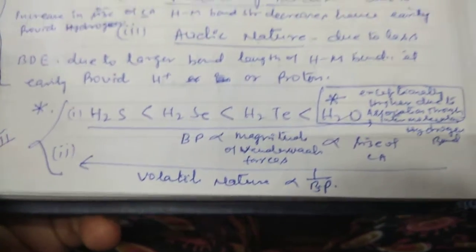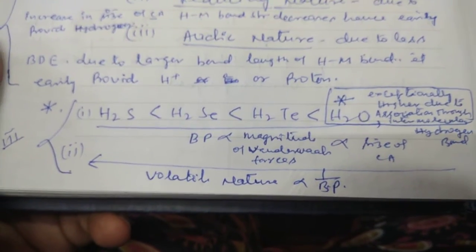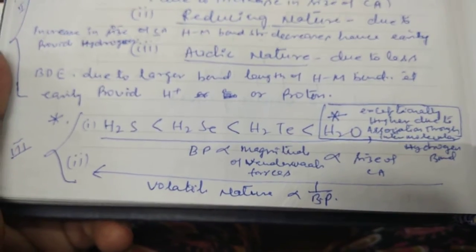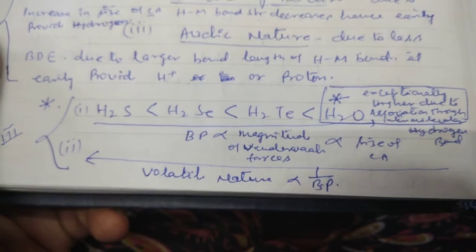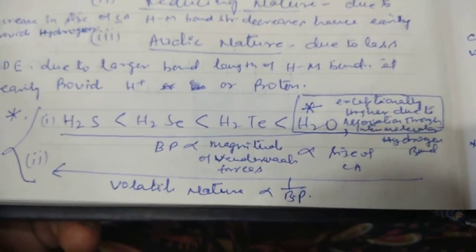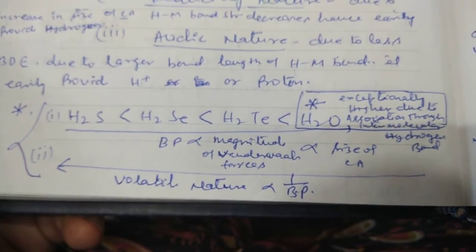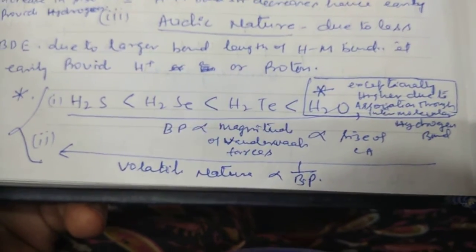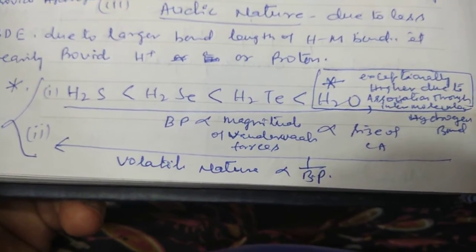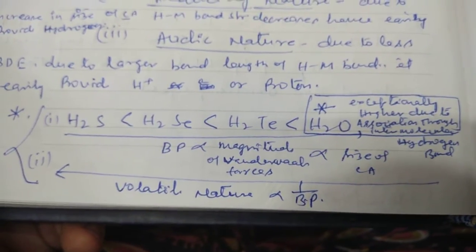So in this case, boiling point shows exceptional behavior. As we move down, the size of the central atom increases. The largest atom is tellurium, so H2Te should have the maximum boiling point, while the smallest atom is oxygen, so H2O should have the minimum boiling point. But exceptionally it is not.